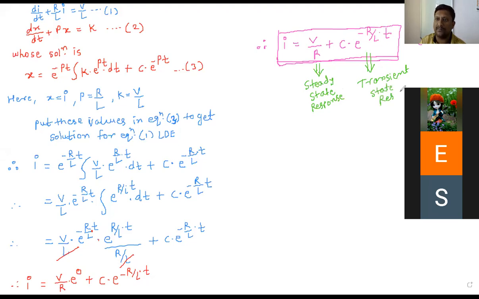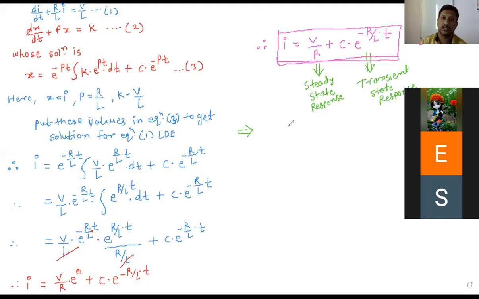So equation 4 is the final answer or what? Or still we have to find anything? Still we have to find anything, or this is the final equation for this derivation? Who will tell? We need to find C, na?